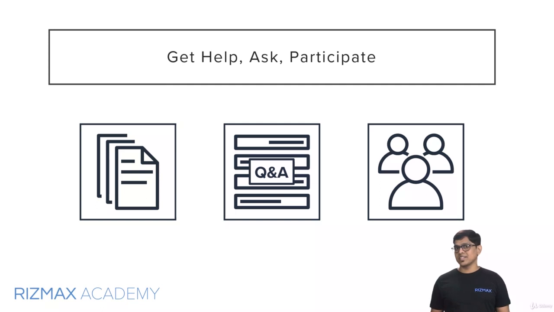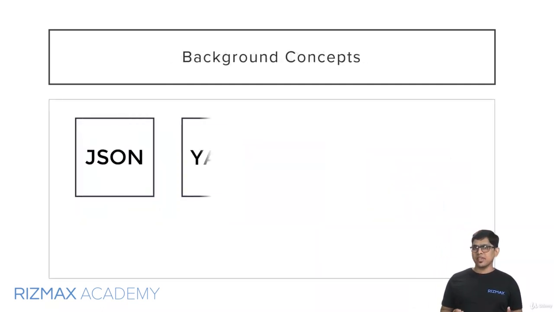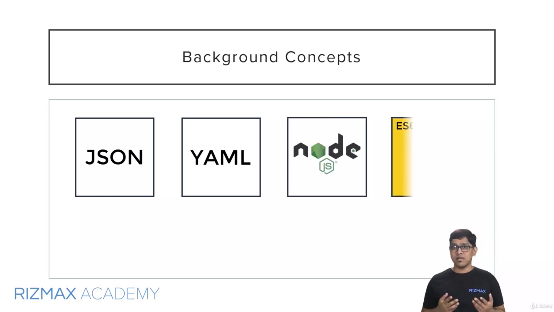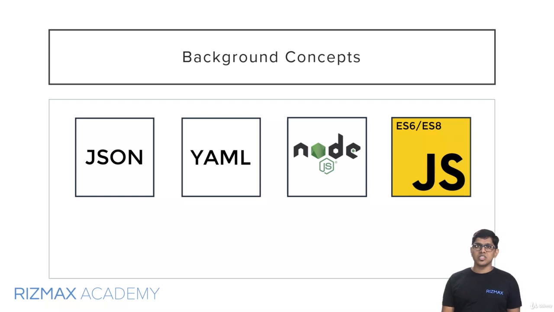That's about it. There are some background topics, specifically JSON, YAML, Node.js, and JavaScript, and you may want to review them before we dive into the main serverless topics. I have created 2 optional sections for those of you who are new to these topics.